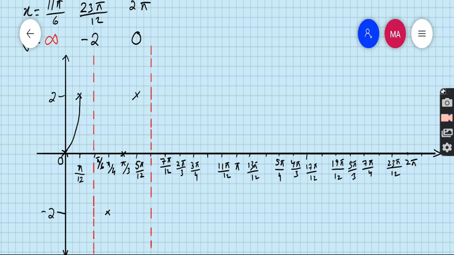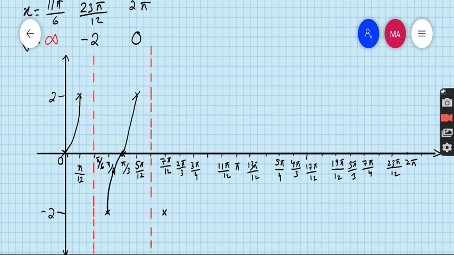For pi by 3, the value is 0. For 5 pi by 12, the value is 2. For pi by 2, the value is asymptote. Join this. Join this. Next, at 7 pi by 12, the value is minus 2.